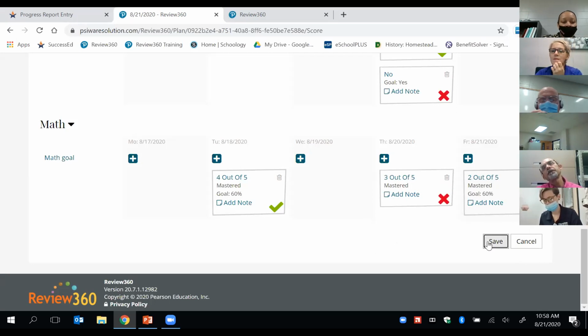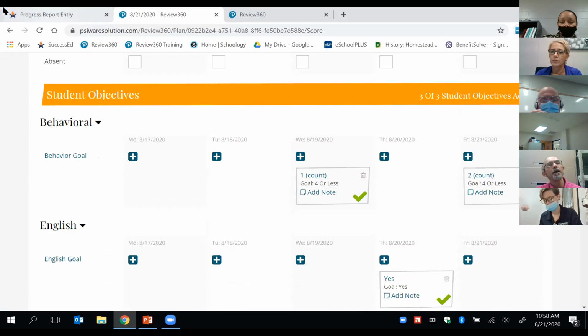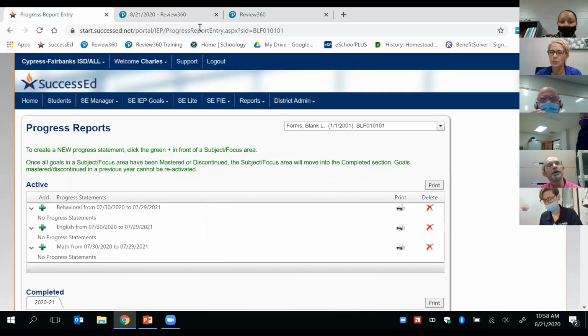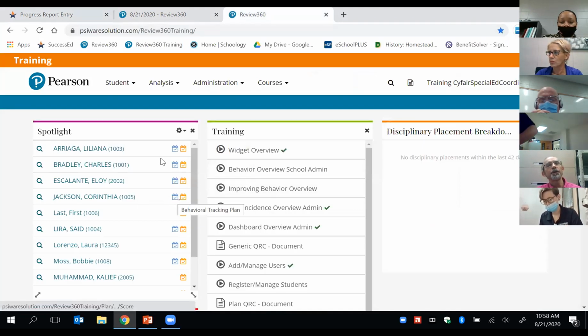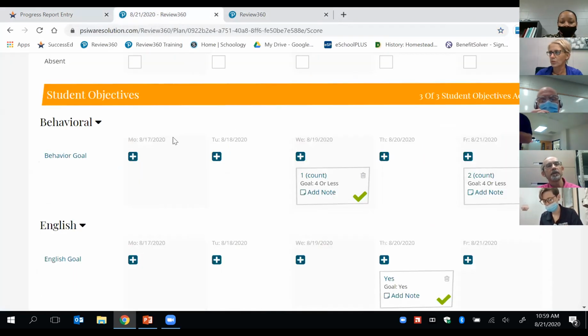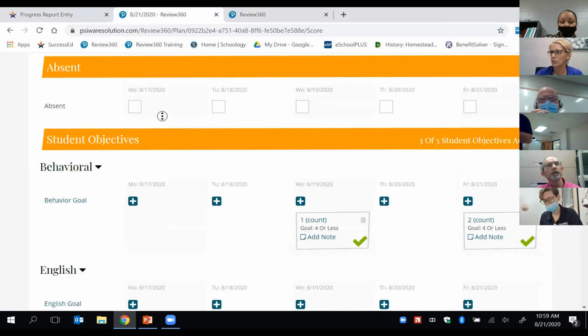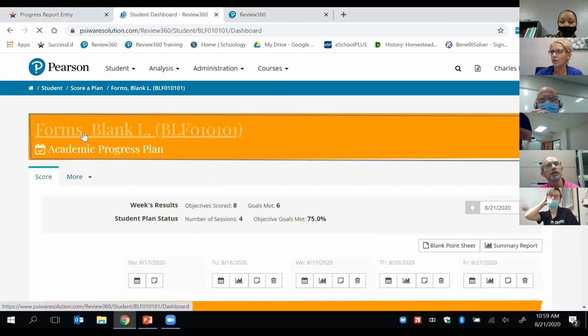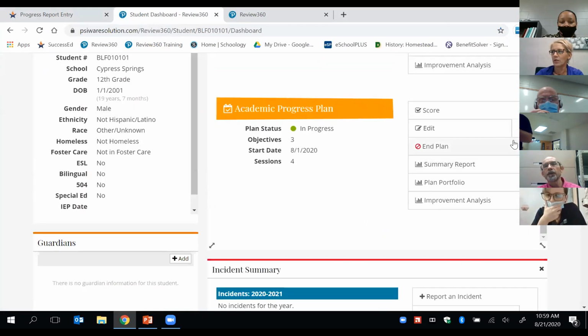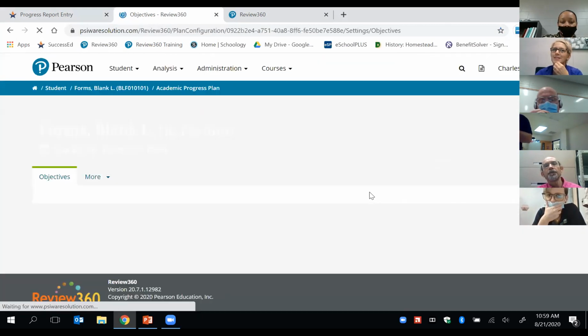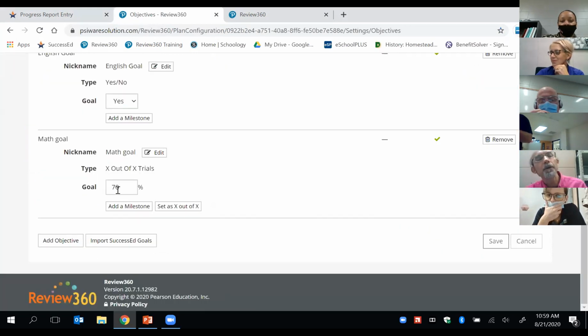Another good thing that I want to point out is when you're creating the plans, granted, you want to put it in so it's not confusing, but it doesn't really matter what you set the mastery level at. It crunches the number.